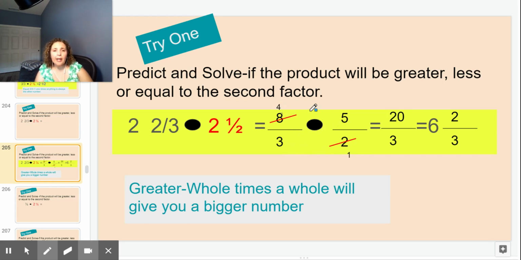I just multiply 4 times 5 is 20. 3 times 1 is 3. And it gives me 20/3. So I've got to divide 20. 3 goes into 20 6 times, so it gives me 18, 19, 20, 2 more. So it gives me 6 and 2/3. So you can see it is way bigger, right? Because I have a 2 and a 2. I have two whole numbers.